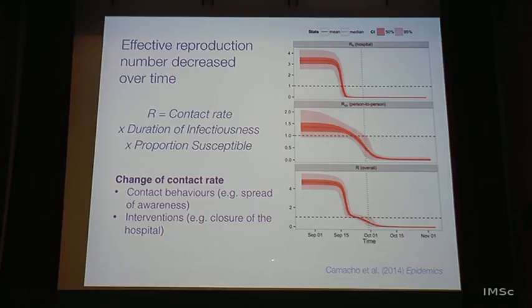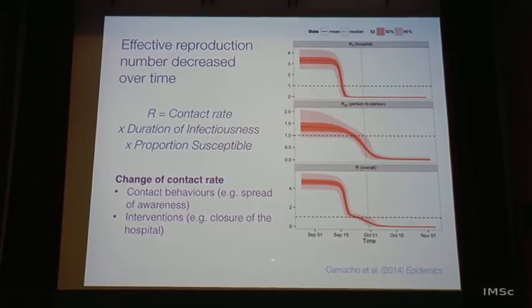What we found is that quickly after the beginning of the outbreak, people started to associate the hospital with death. They had no idea there was a virus, there was probably little knowledge about transmission of infectious disease, but they quickly associated the hospital with death, and so they stopped going to the hospital. If you stop going to the hospital, you stop the nosocomial transmission, and so the model suggests that this drop was quite quick, quite sharp.